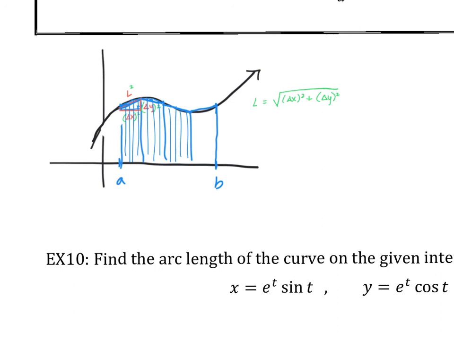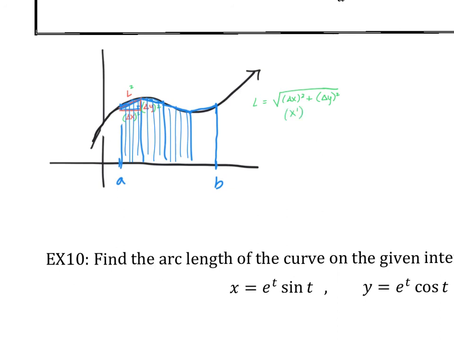But remember the difference between a delta x and a dx, the differential. The dx is what happens when that delta x, when its limit goes to 0. So really this delta x is going to turn into that differential dx, or the derivative of x.